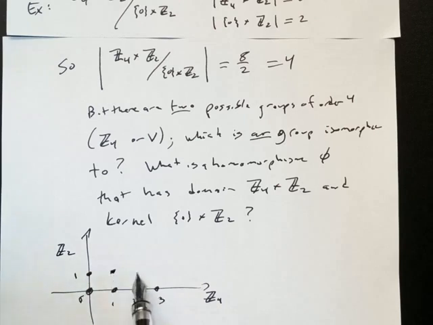But I get (1,1), (2,1), and (3,1). Those are my 8 dots because we said there were 8 things that lived in this group. Right, Reese? Do me a favor. Circle the dots that make up our normal subgroup, 0 by Z2.